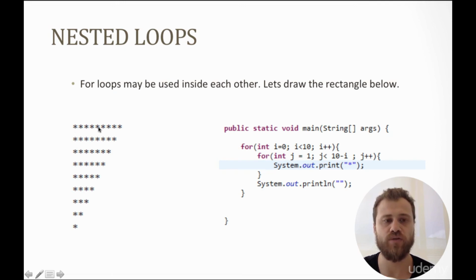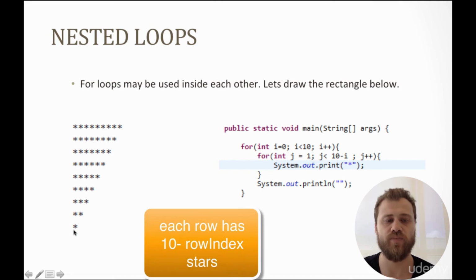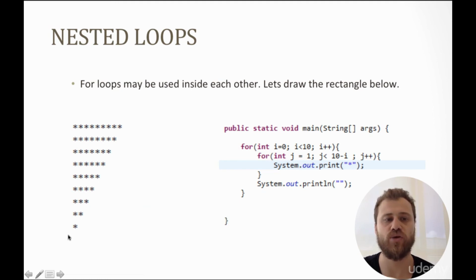First iteration will draw this line, second this line, third this line, and the last iteration will draw only one. And in each row we have a specified number of stars. In the first row we have 9, in the second 8, then 7 down to 1 stars. So we have 10 minus row index stars in each row. Okay?